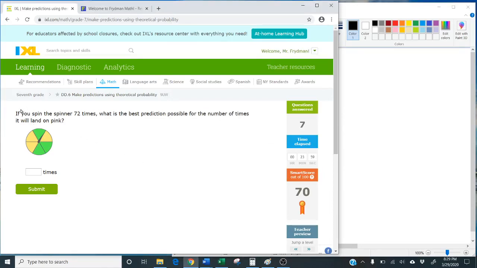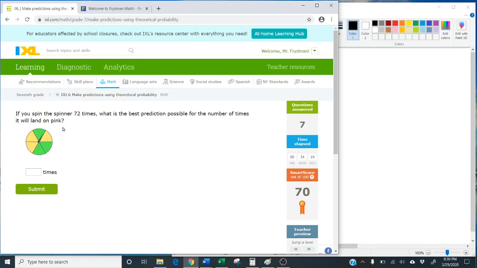Yeah, we've done problems like this before. If you spin the spinner 72 times, what is the best prediction possible for the number of times it will land on pink? Well, you know what? We don't have to go through everything for this one because we can see there are no pink wedges here. I can't land on pink.